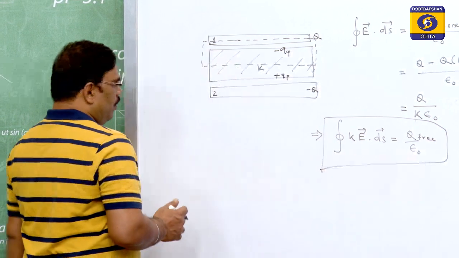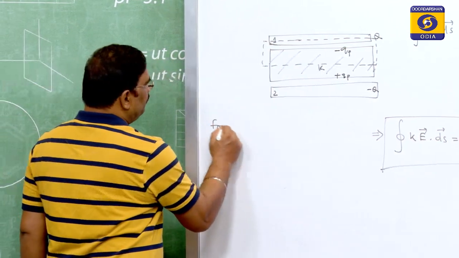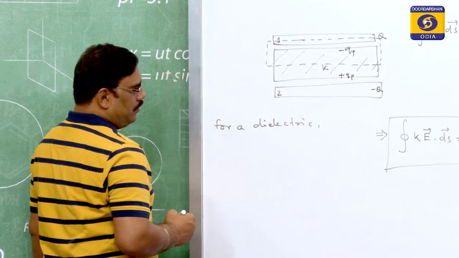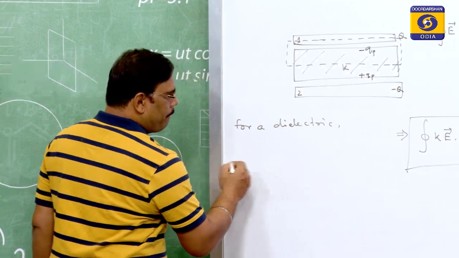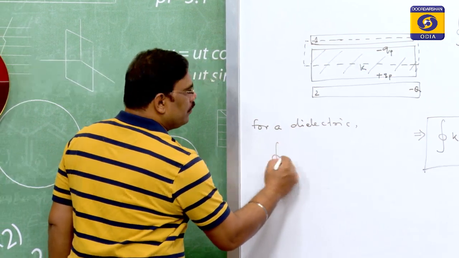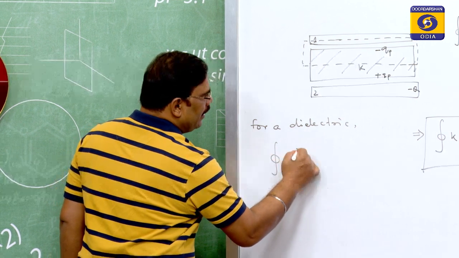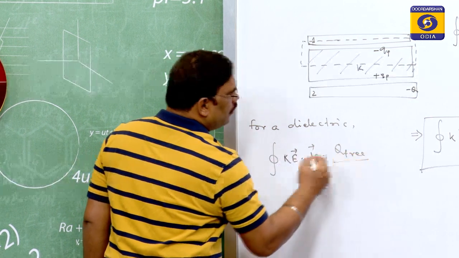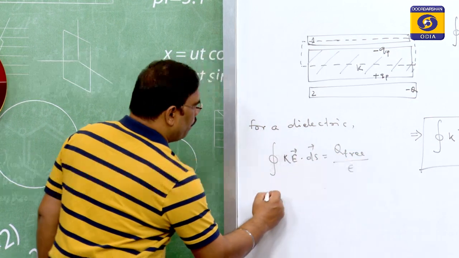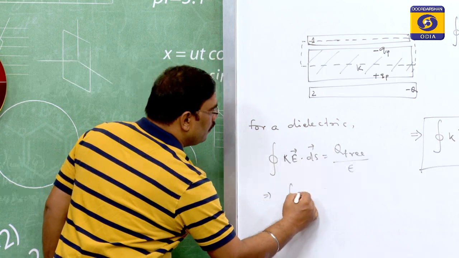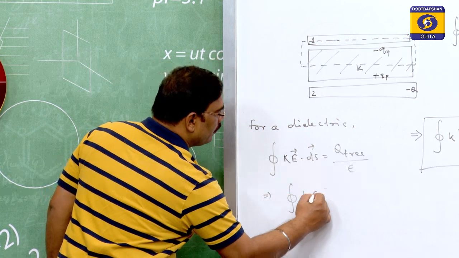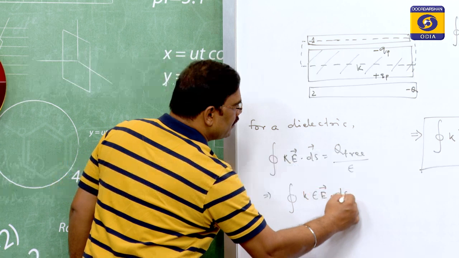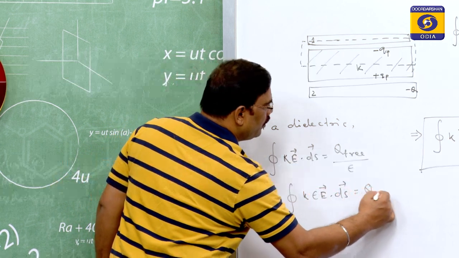Now, for a medium, for a dielectric, I can write integration K E dot ds equal to Q free divided by epsilon, or integration K epsilon E dot ds equal to Q free.